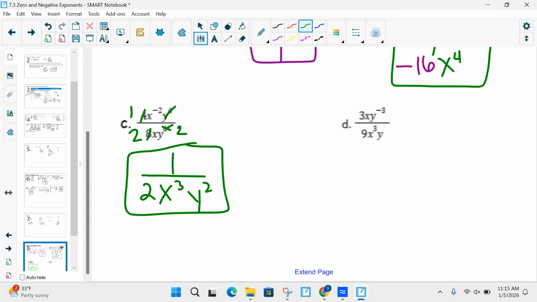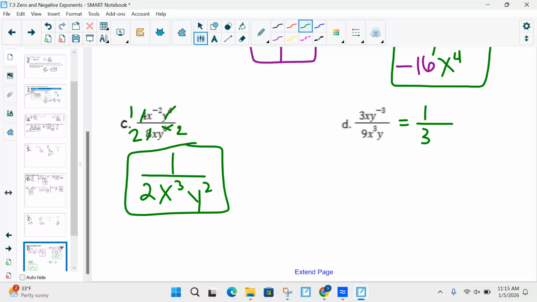I got 1 over 3x to the 4th y to the 5th. You're very close. The x is wrong, though. Okay, so 3/9 becomes 1/3. The x over x cubed, you're not bringing the x down because it doesn't have a negative exponent.